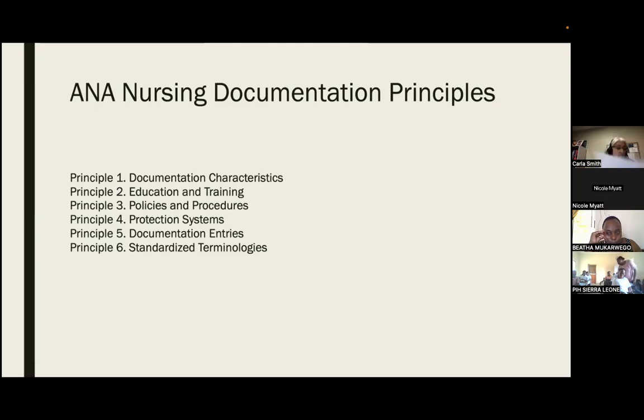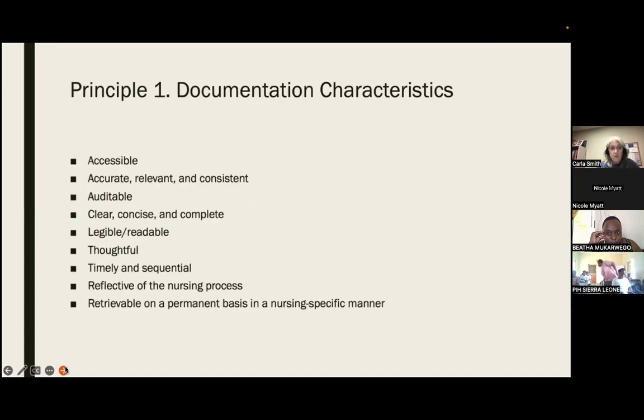Principle 1 has to do with the documentation characteristics. High quality documentation is accessible, meaning somebody who needs to look at it knows where to find it. And this is applicable whether you document on paper with handwritten notes in a paper chart, or on a computer, in electronic medical documentation.